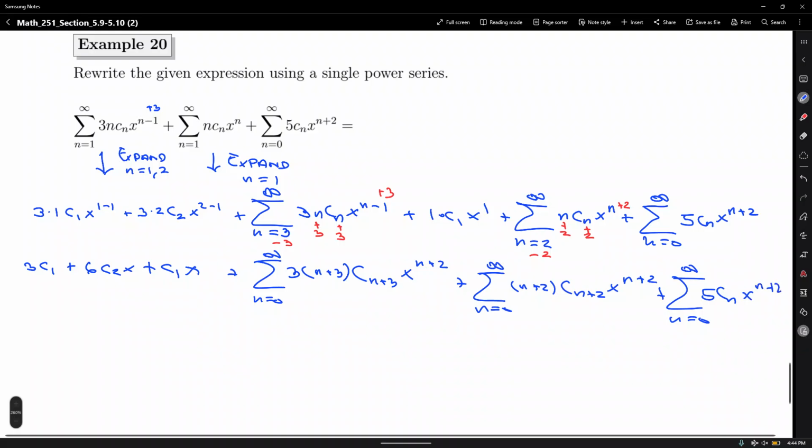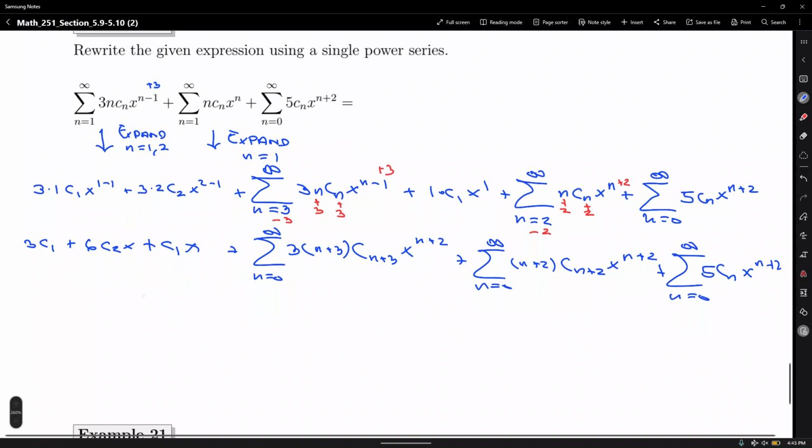All right? Can we merge the three series into a single one now? Do we have the same starting index in all three series? Do we have all powers of x to be the same? Yes. All right, let me do this.